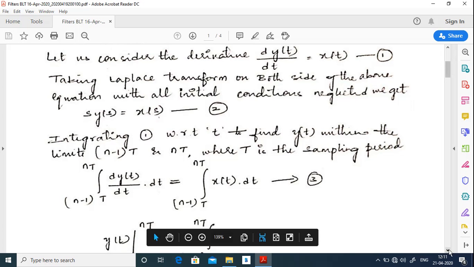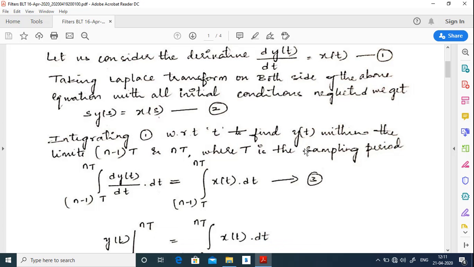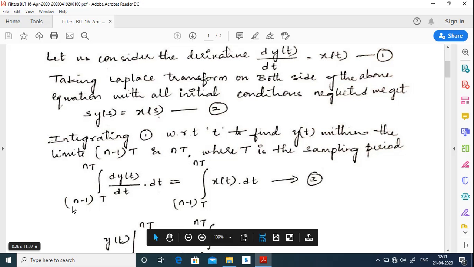Now I'll integrate equation number 1 with respect to t to find y(t) within the limits (n minus 1)T to nT, where T is the sampling period. See here, the integral from (n minus 1)T to nT of dy(t)/dt with respect to dt is given by the integral within the limits (n minus 1)T to nT of x(t) dt.